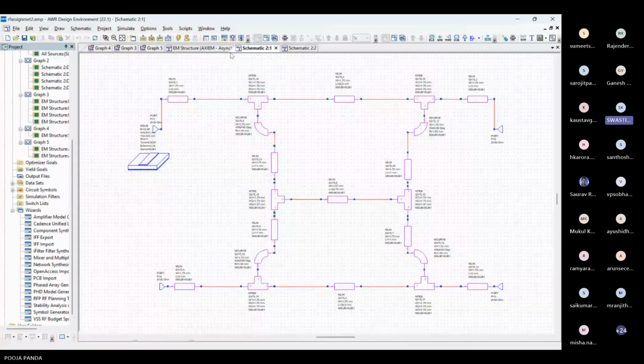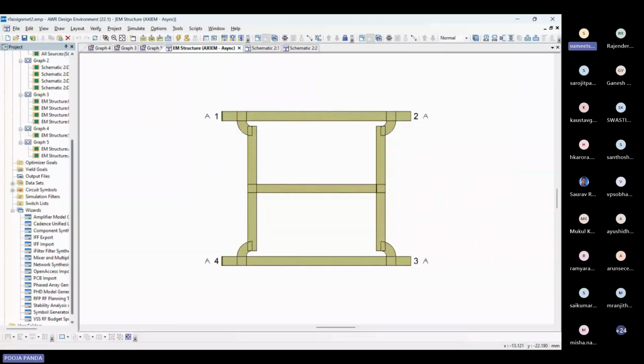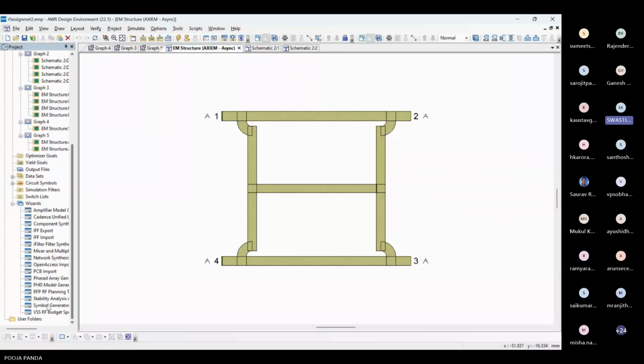Another window must have opened of the symbol generator, right? No, there is no window. It will open, maybe it's a bit slow. So another window will open. There you can select the source. It will create a sample out of that. Yeah, I think this schematic 2.2 has opened, right? Schematic is there already.